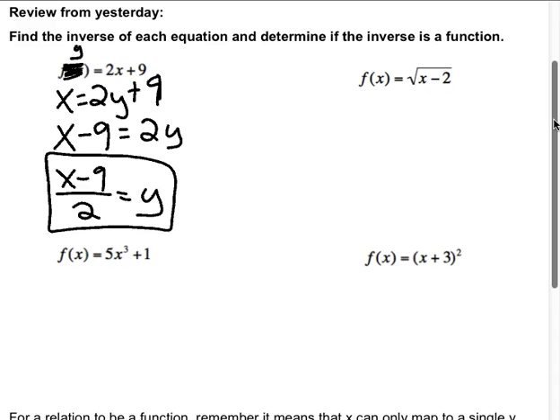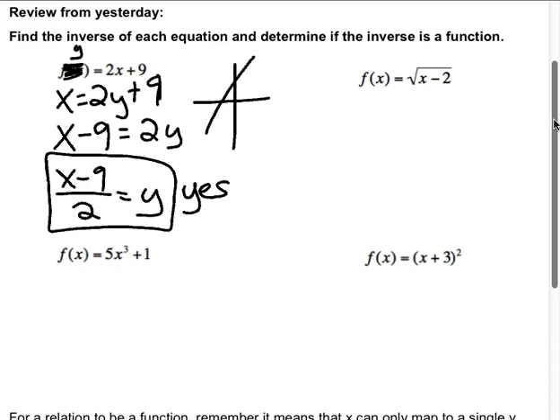So there is my inverse. And again, if you're thinking about, is the inverse a function or not? Well, that is actually just a line, right? And if you're dealing with something that's a straight line, the answer is yes. That is going to still be an inverse. And again, equation-wise, we can tell that the inverse is a function because it didn't get that awkward plus or minus in there.